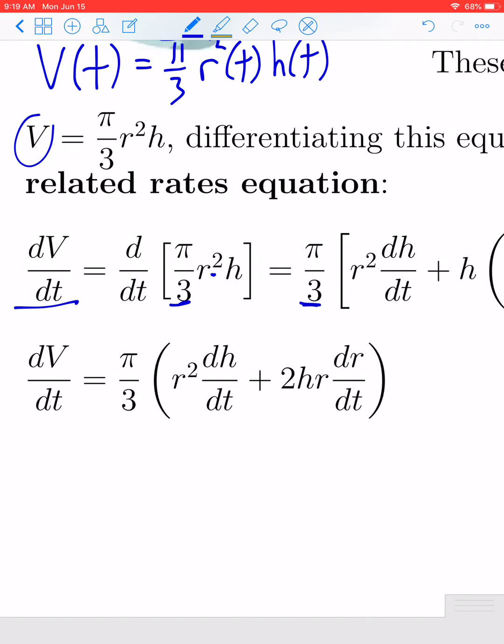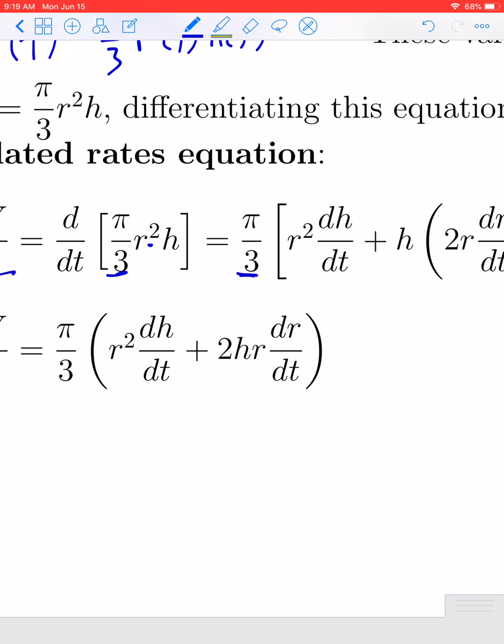Furthermore, instead of using prime notation, because it can be a little bit confusing with variables V, r, and h, we're going to use the Leibniz notation to specify which derivative each variable is taken with respect to.